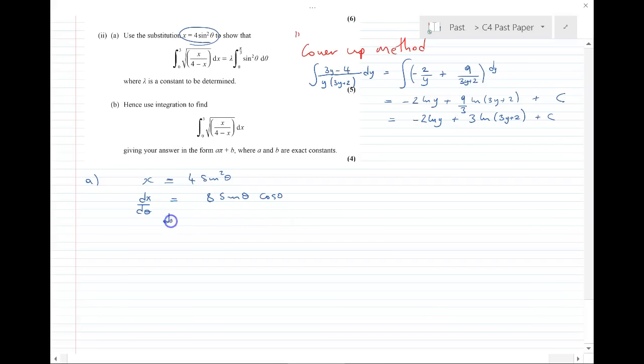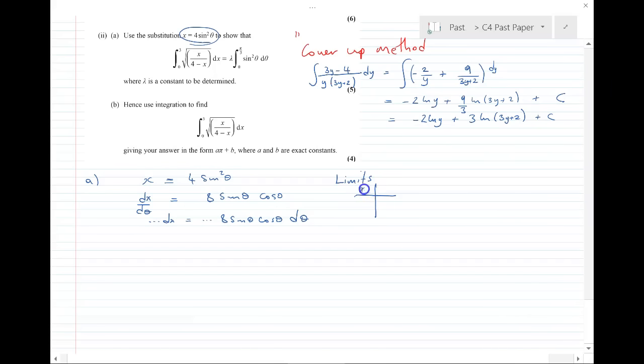So I can separate the variables. The dx operator, I can change with 8 sine theta cos theta d theta. Right, now let's deal with the limits as well, because I need to change those too, so we need to be clear.